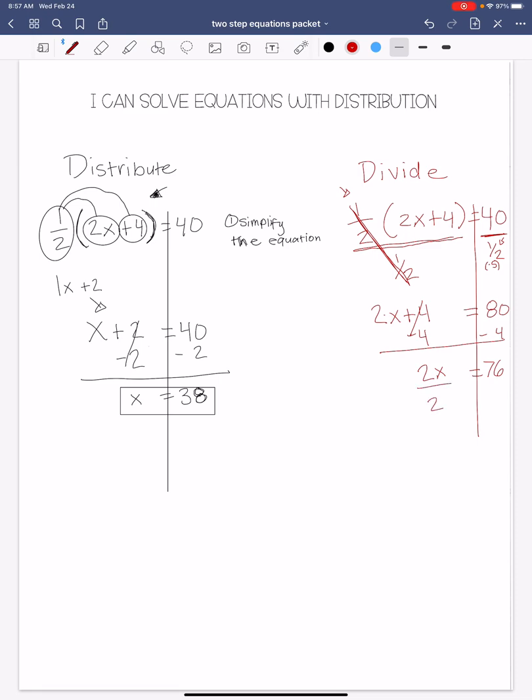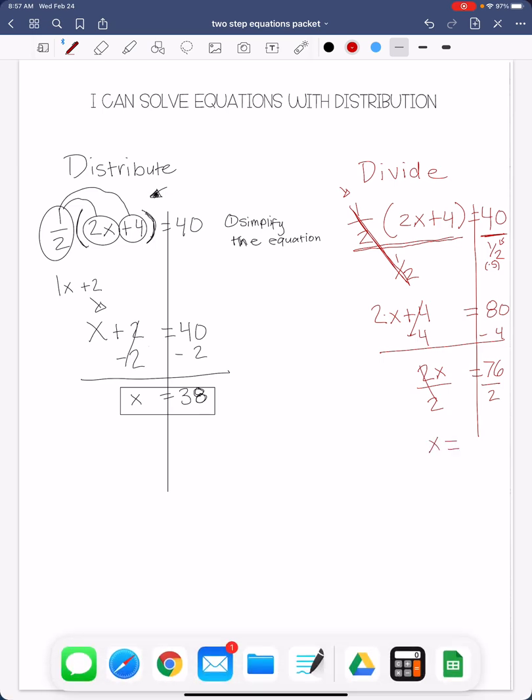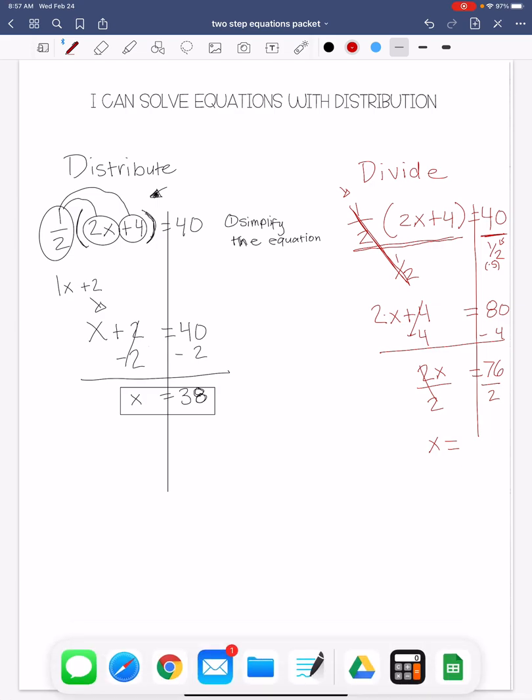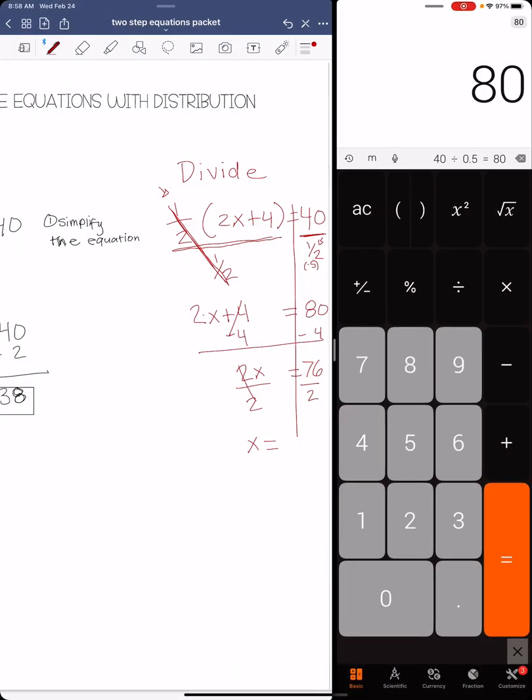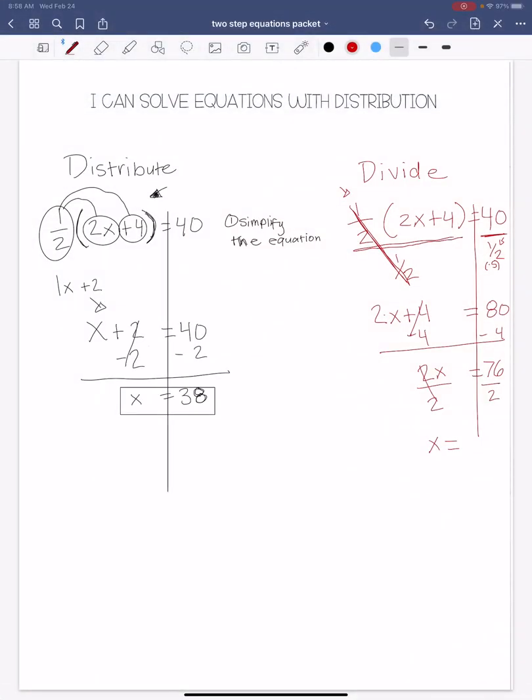We do that with dividing by 2, and we get x equals 76 divided by 2, we'll pull our handy dandy calculator back up. 76 divided by 2 is 38. So we got x equals 38. So we got the same answer.